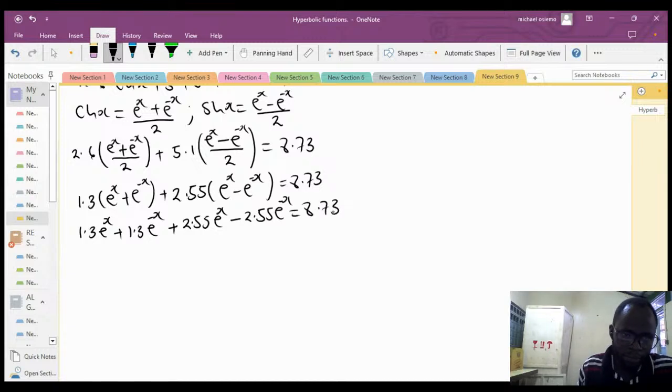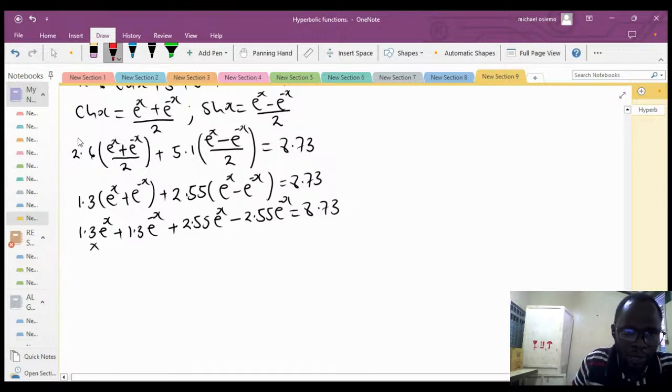So if you can check this one, we can put the like terms together, the exponential x and the exponential x, and we also have exponential negative x and exponential negative x.